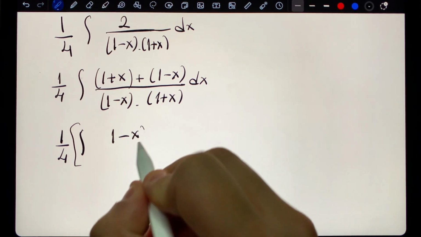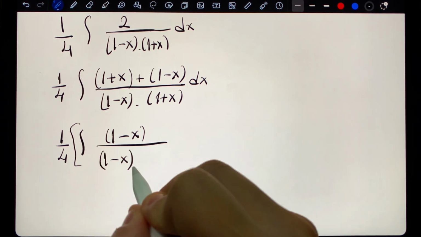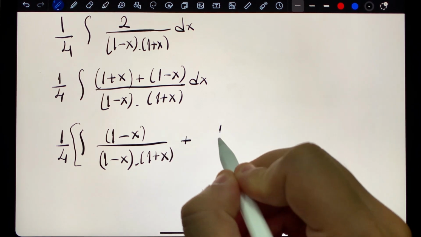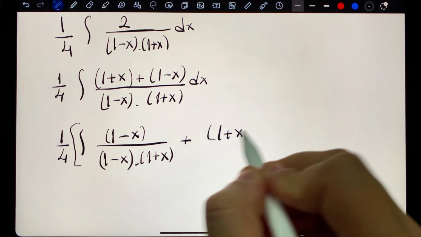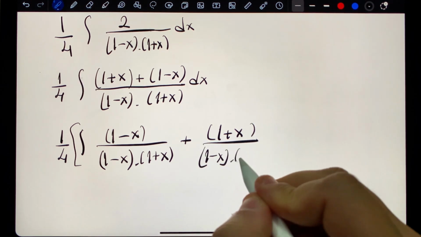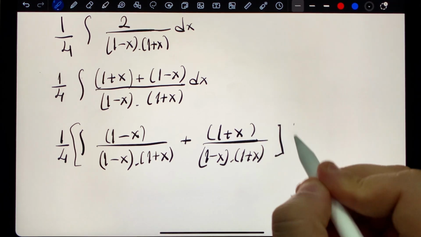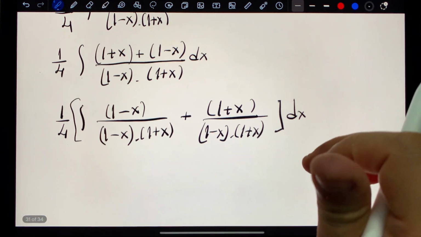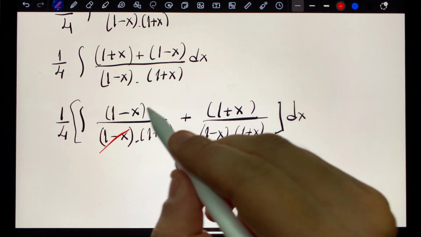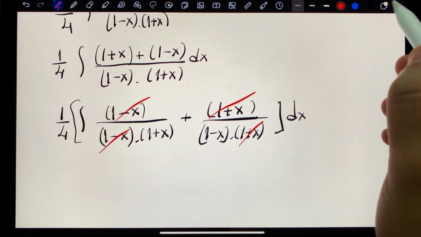So 1 minus x over 1 minus x times 1 plus x, then 1 plus x over 1 minus x times 1 plus x. We closed it. Then again I said dx. Look, again, here there are expressions that cancel each other out. What will happen to these? They will cancel each other out. These are gone.